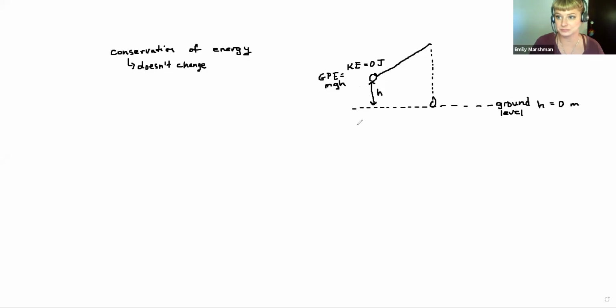That's mgh. Let's just say that when you multiply mgh out, it gives you 100 joules. So initially the child has 0 joules of kinetic energy and 100 joules of gravitational potential energy. Their total energy, the sum of both, is 100 joules.